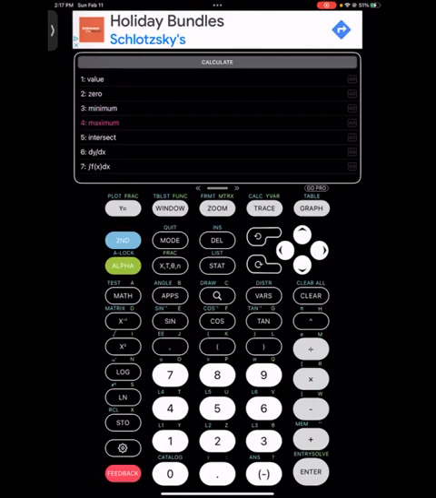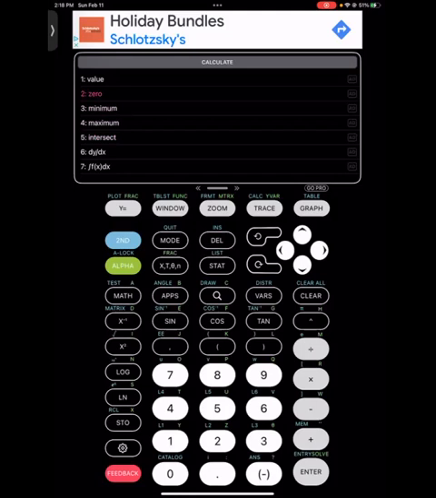The intersection is when we have two graphs that it will draw, and we can figure out where the intersection points are. And 6 and 7 don't exist as far as this class is concerned right now. So ignore 6 and 7 entirely. For right now we care about 0, min, and max. But specifically for this question, we only care about 0.